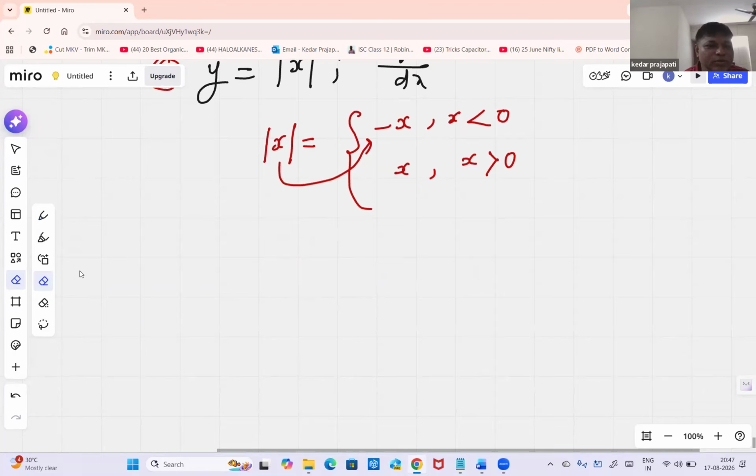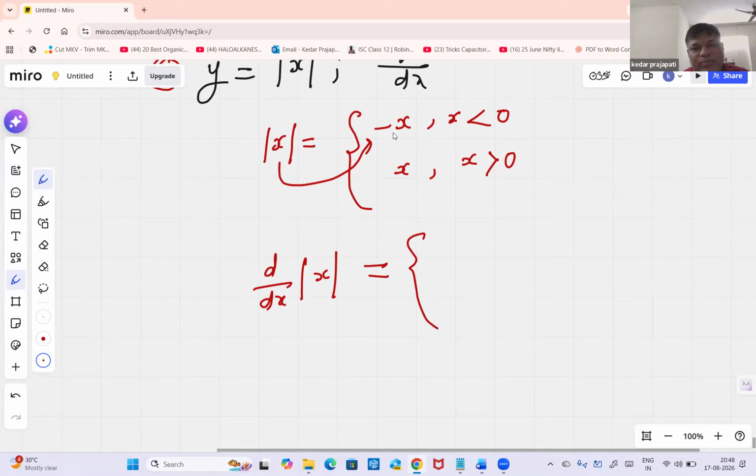So if you want to differentiate this, d by dx of mod x will be: d by dx of x is 1, right?